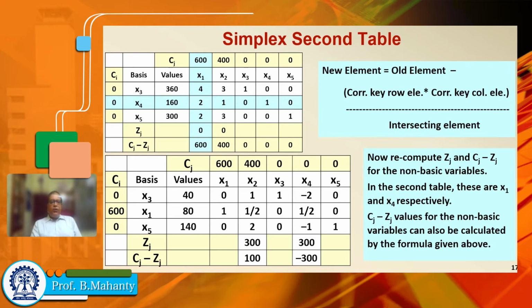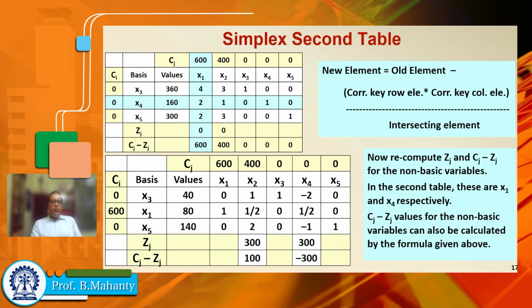Once again, we can compute zj's and cj minus zj. Look here, to make 1 unit of x2, we need 1 unit of x3, half unit of x1 and 2 units of x5. So if 1 unit of x2 we are bringing into the basis, we get a profit of 400, but we also give up in terms of lost profit something. How much? 1 unit of x3, half unit of x1 and 2 units of x5.